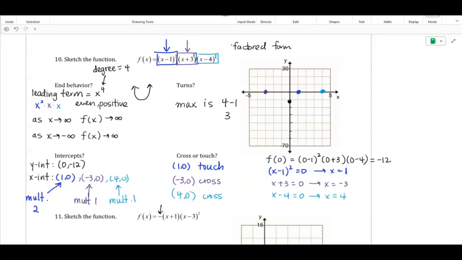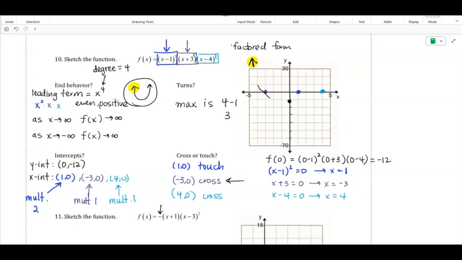So now let's use all of this information to come in and sketch this graph. I'm going to start off by looking at the end behavior, which tells me that the left side of this graph points up. So when I come in to start drawing my graph, I am going to come in with the left side of the graph pointing up. I am going to come down and approach the x-intercept at (-3, 0), where I see I need to be crossing through the x-axis.